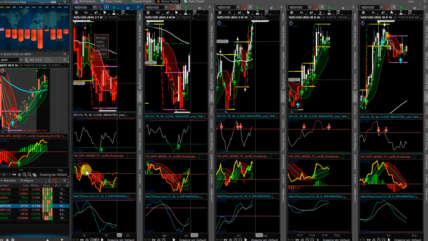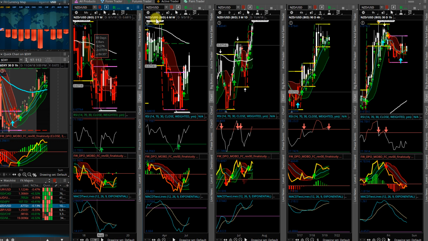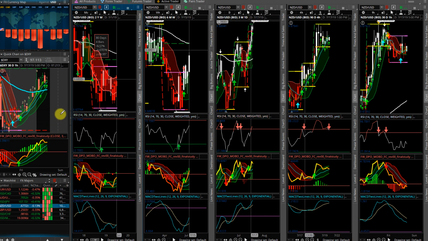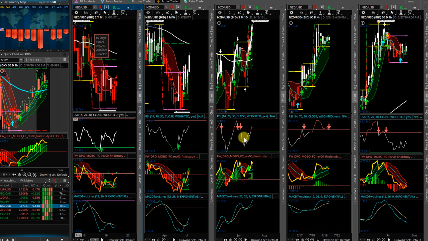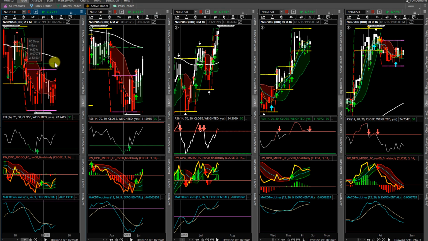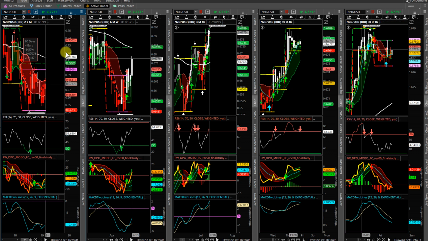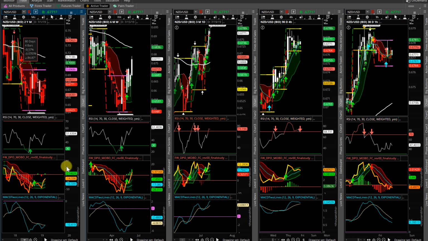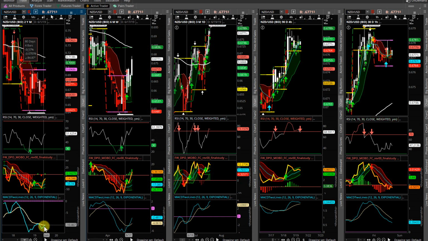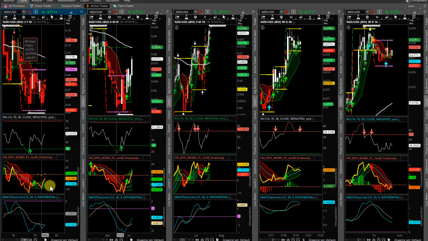So on the New Zealand dollar, the strategy I have, let's close this off here. I'm not even looking at the chart. I'm not looking at what's going on here. I'm just looking at this. So the MACD is about to cross over and go positive on the monthly. It hasn't yet.